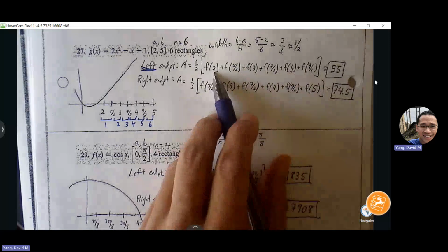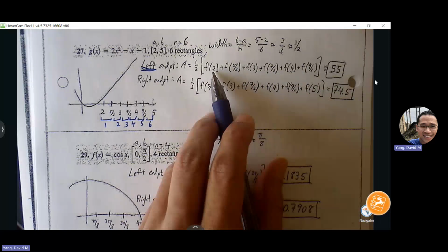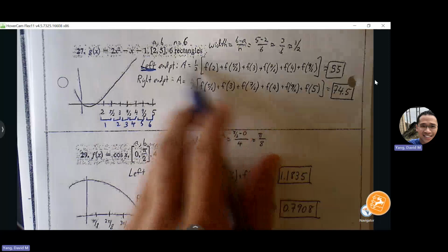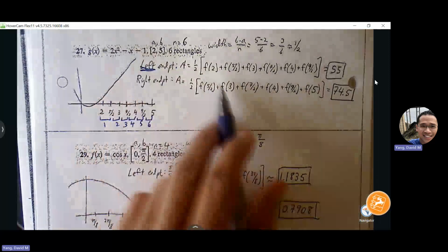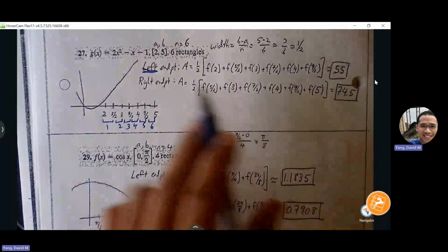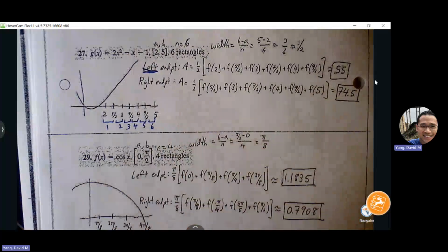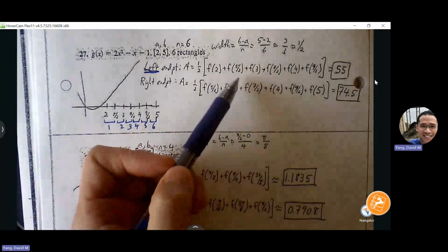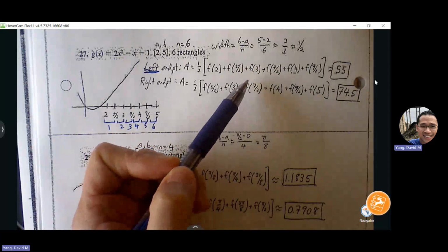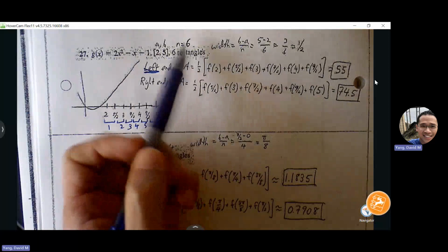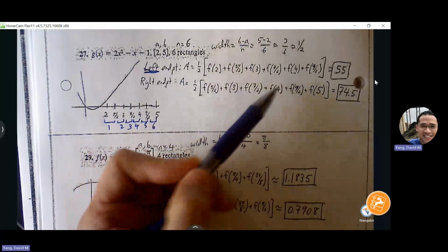And then all this it's just a matter of having to use the calculator, plug 2 into the function, get the y value. So it's tedious, but it's not hard, right? Hopefully we understand that process and it doesn't feel like a hard process. It's just tedious, especially if you have a bunch of rectangles that you have to find the x value and plug in the calculator and get the y value.